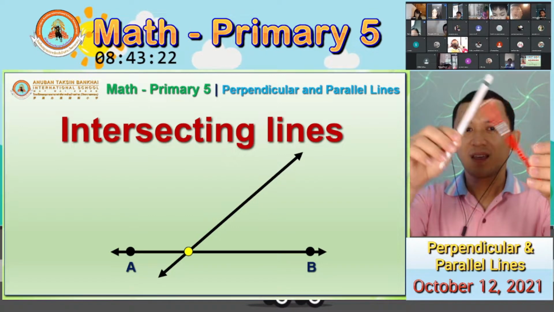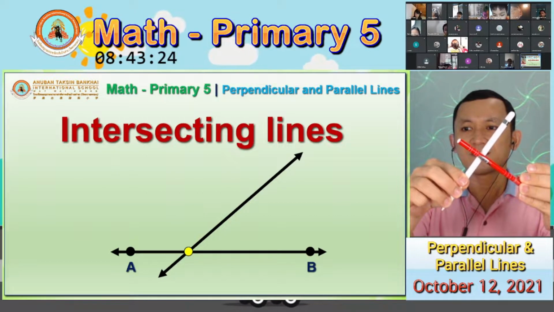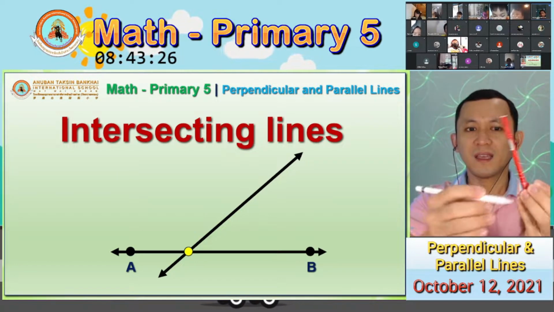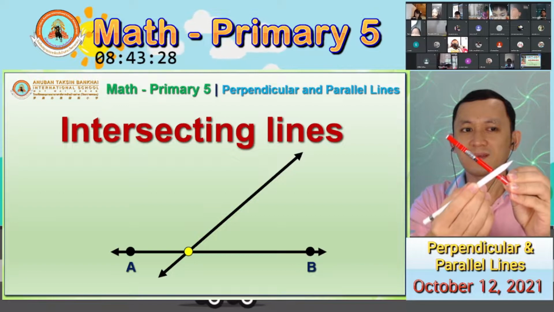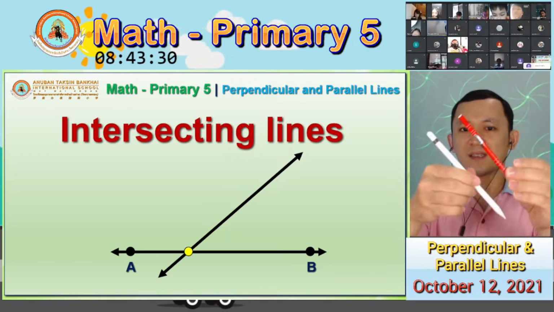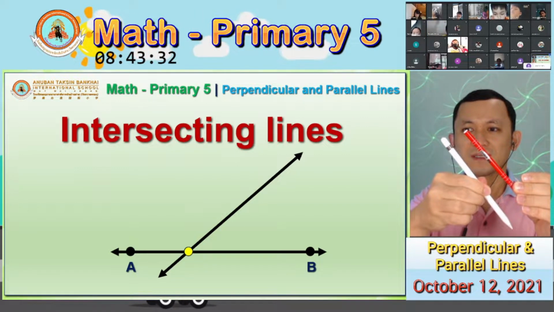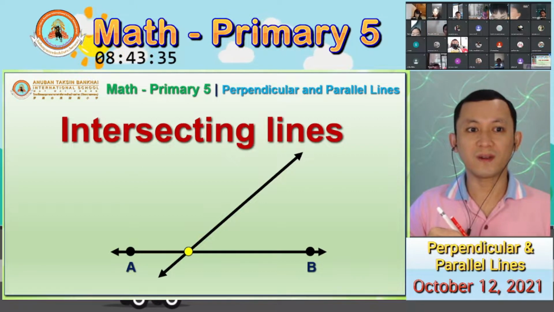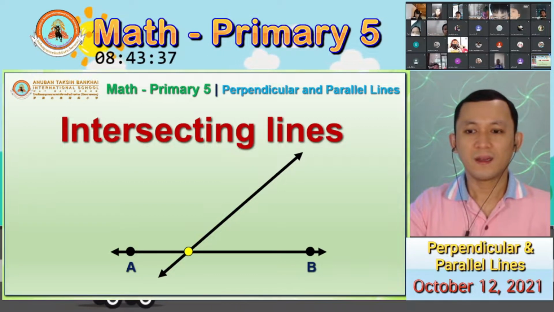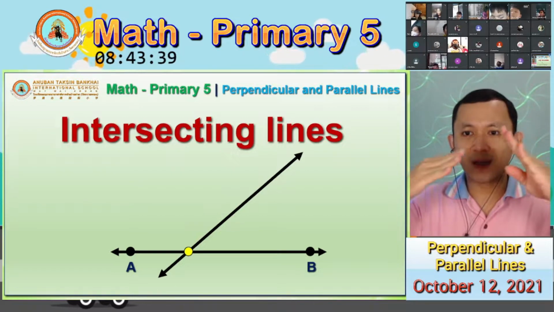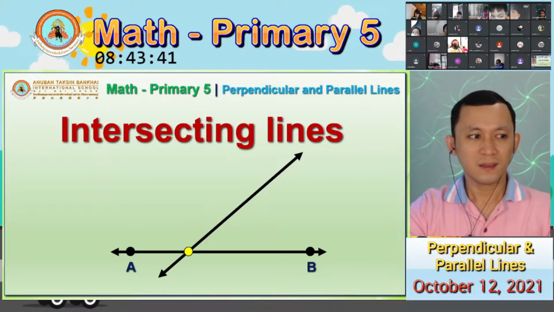No. Intersecting, yes or no? Yes. Intersecting, yes or no? No. So it is very clear. When we say intersecting lines, they cross each other.